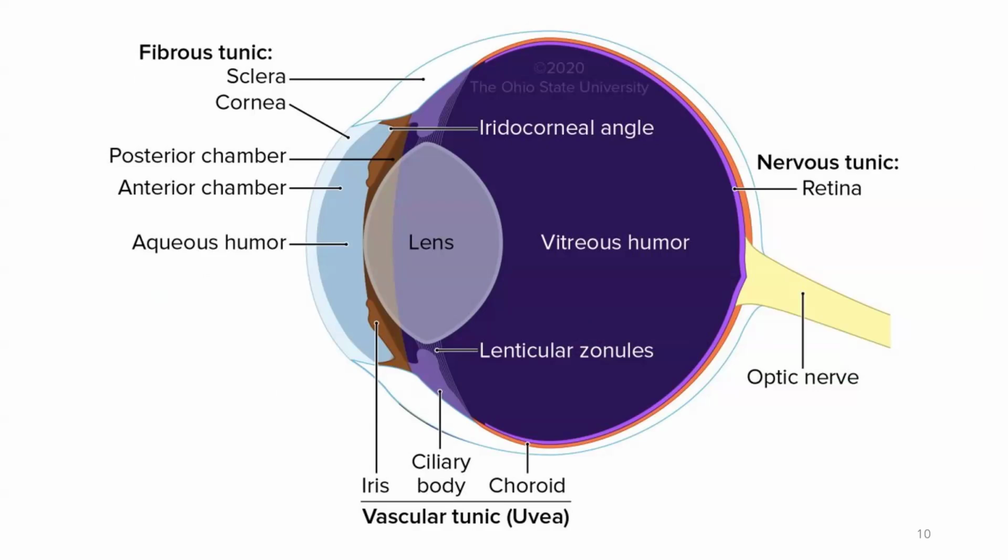There are 3 tunic layers, and it's just like we learned in iridology. You've got an outer layer, a middle layer, and an inner layer. The outer layer is more of a fibrous tunic. You have a vascular tunic, which is that middle layer. And then you have the nervous tunic, which refers to the retina. So it's real simple.